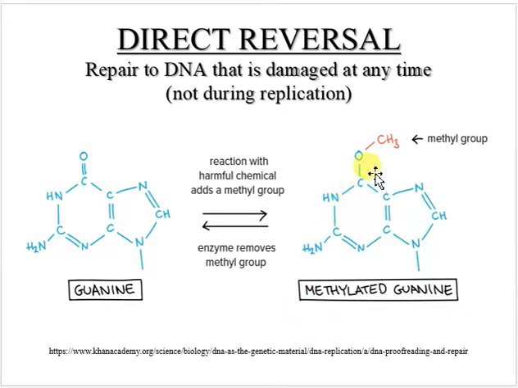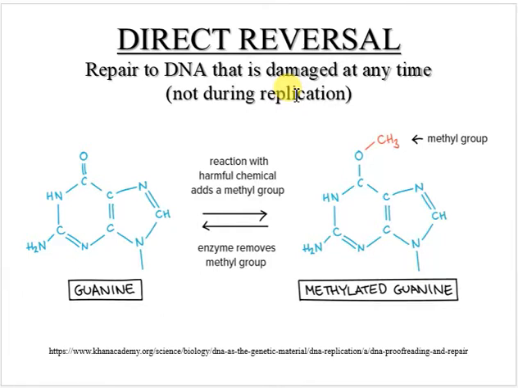So now we're moving into the types of DNA repair systems that are not associated with actual DNA replication, that event at that time. They occur at a different time. So the first one we'll talk about is this interesting technique called direct reversal.